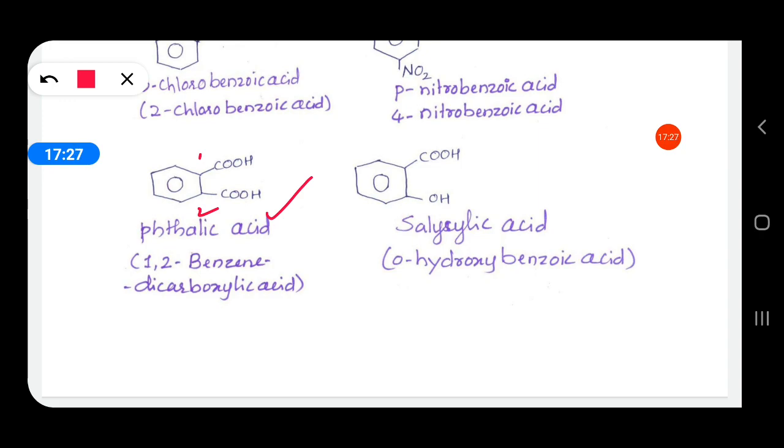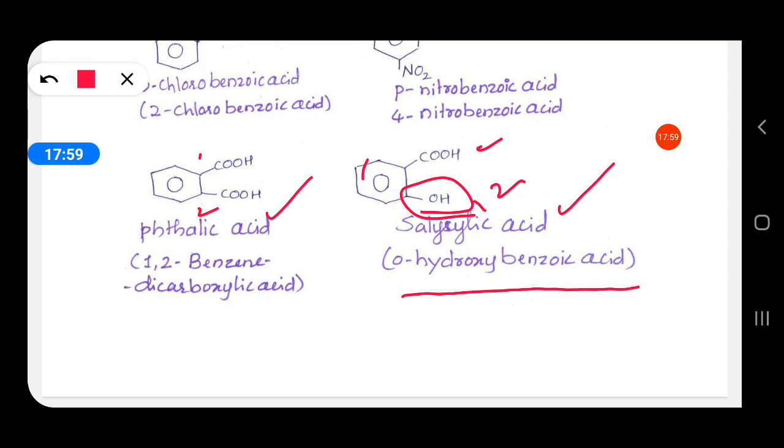Another one is benzoic acid, along with that an OH group at the ortho position. So the common name of this compound is salicylic acid. It is popular with its common name, salicylic acid. Its IUPAC name is orthohydroxybenzoic acid, because with reference to the benzoic acid, the OH group is at the ortho position, that is at the second carbon.